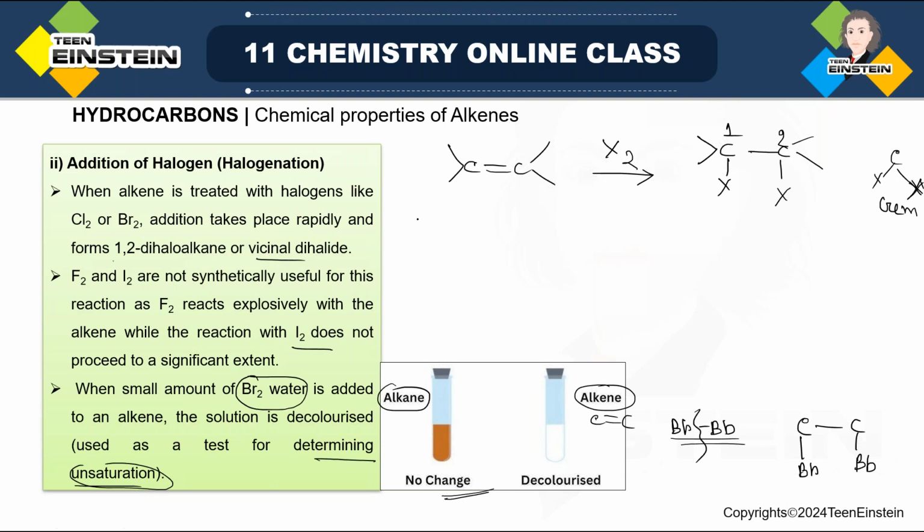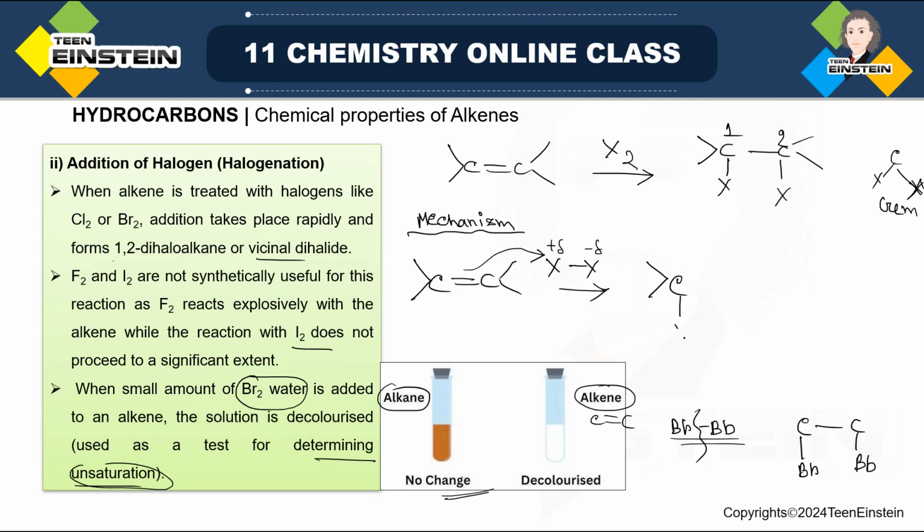Now here, if we talk about the mechanism, we can be tempted to write the mechanism like this. We can write it as if the first halogen is attached and the negative charge is captured by X, and you can also write partial positive and partial negative charges here, because we have not broken the bond fully.